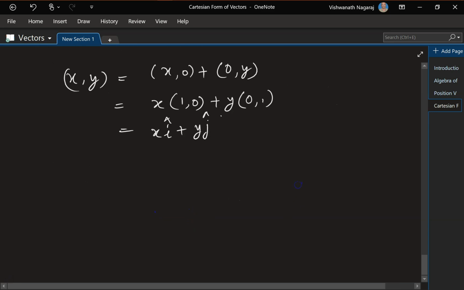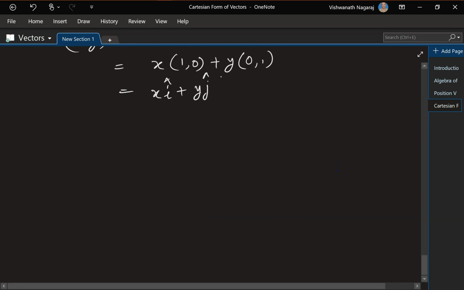Now let's understand this using an example. Let's say vector A is equal to i plus 2j, and another vector B is 3i plus 5j. So magnitude of A would be what?